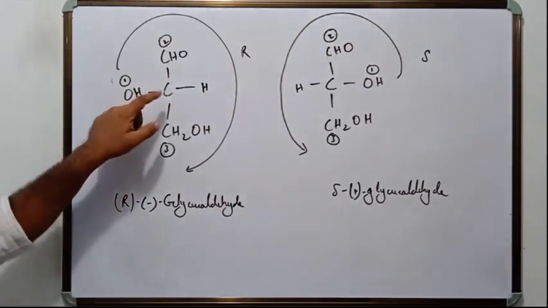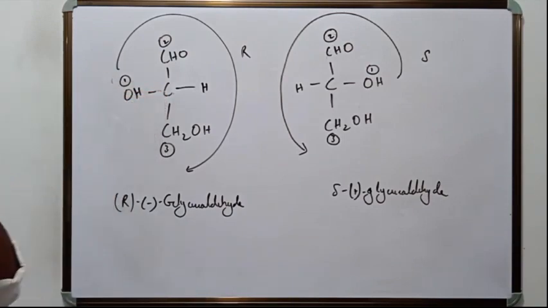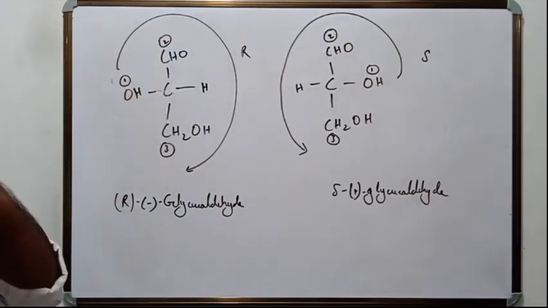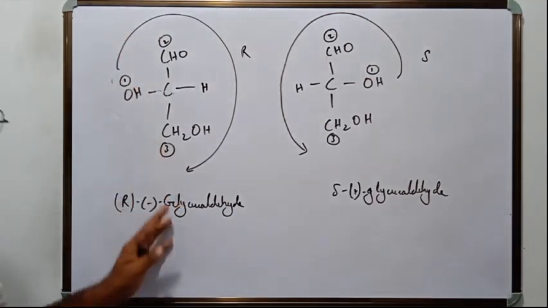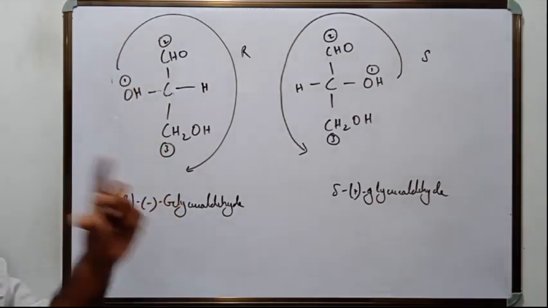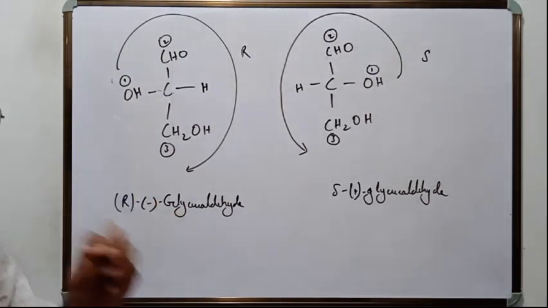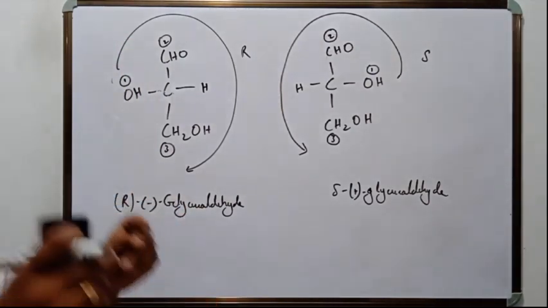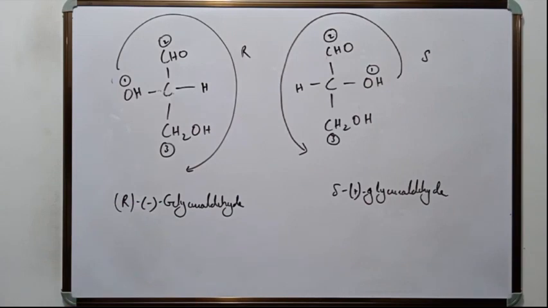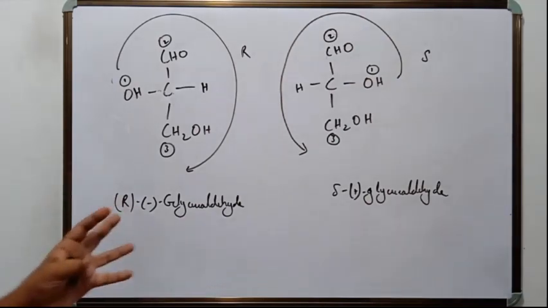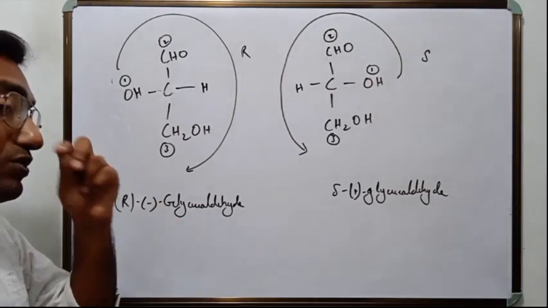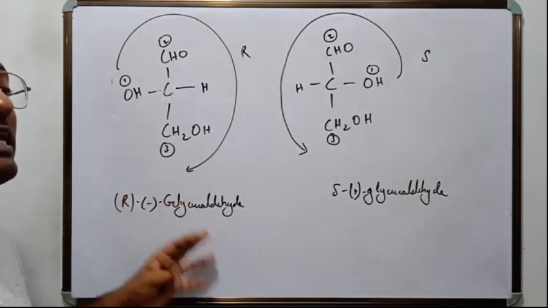Have you noticed the presence of a chiral carbon atom here? Yes, there is a chiral carbon atom. A chiral carbon atom is a carbon atom that is attached to 4 different groups, and that is why the compound is asymmetric. So for optical isomerism, the compound should have at least one chiral carbon atom. Of course, there can be more than one chiral carbon atom. Tartaric acid has 2 chiral carbon atoms. So you should have at least one chiral carbon atom to show optical isomerism.